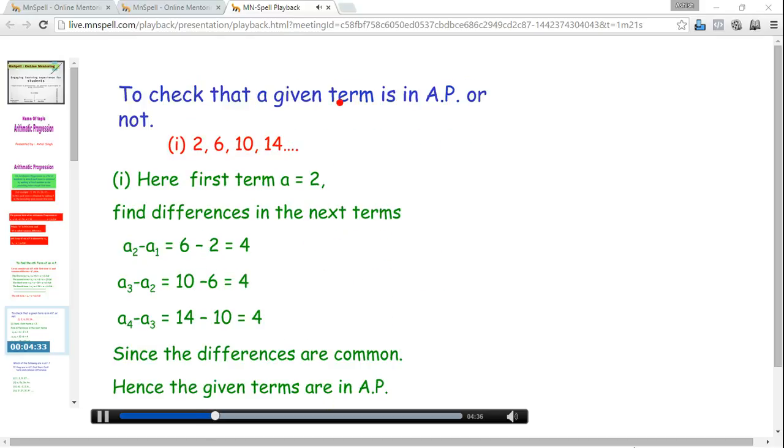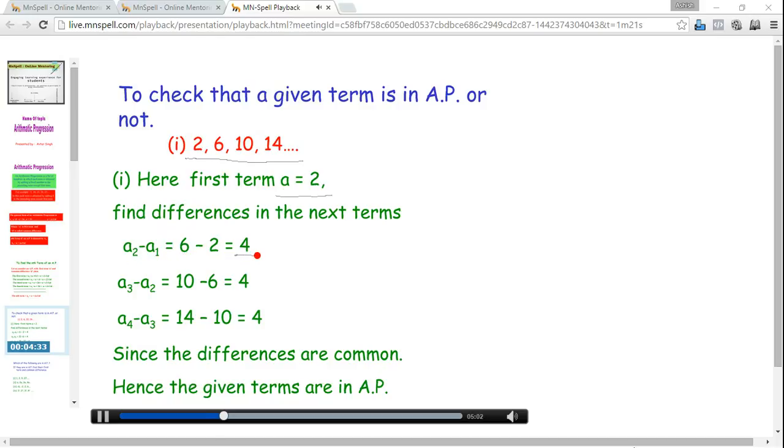Now let us check whether a given series is an AP or not. Suppose we have 2, 6, 10, 14 and so on. We have to check whether this series is an AP series or not. The first term is a equals 2, and to find the common difference, take the second term minus the first term.